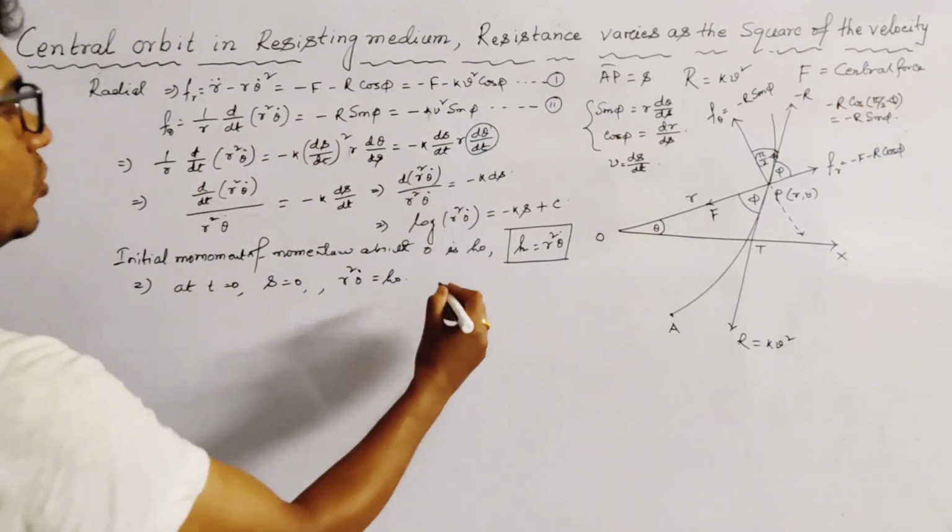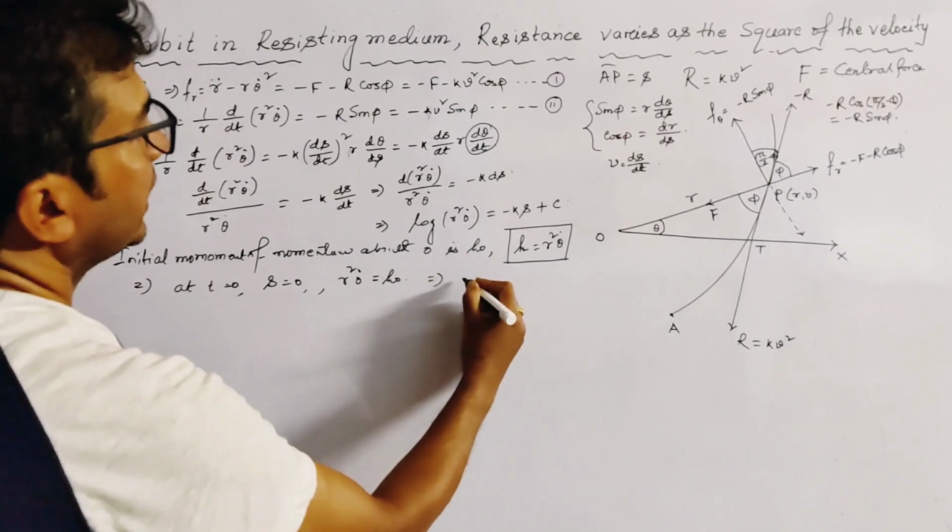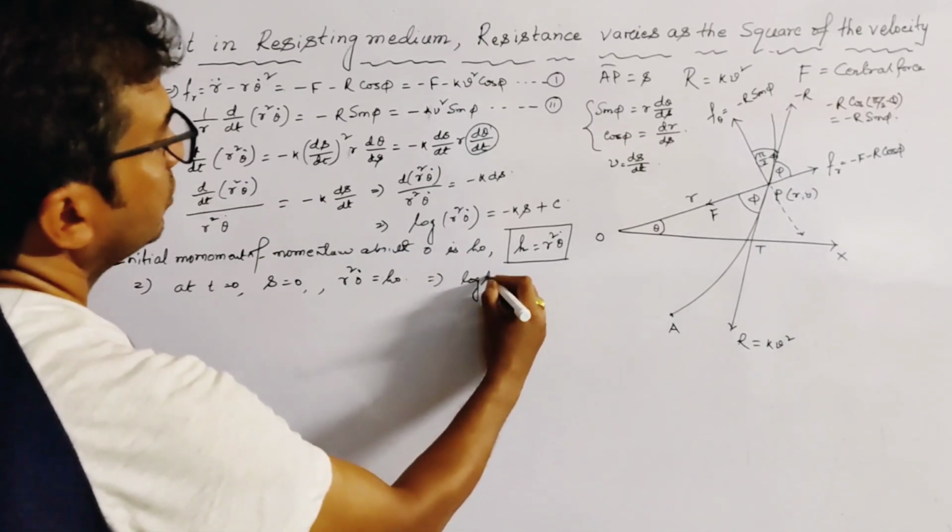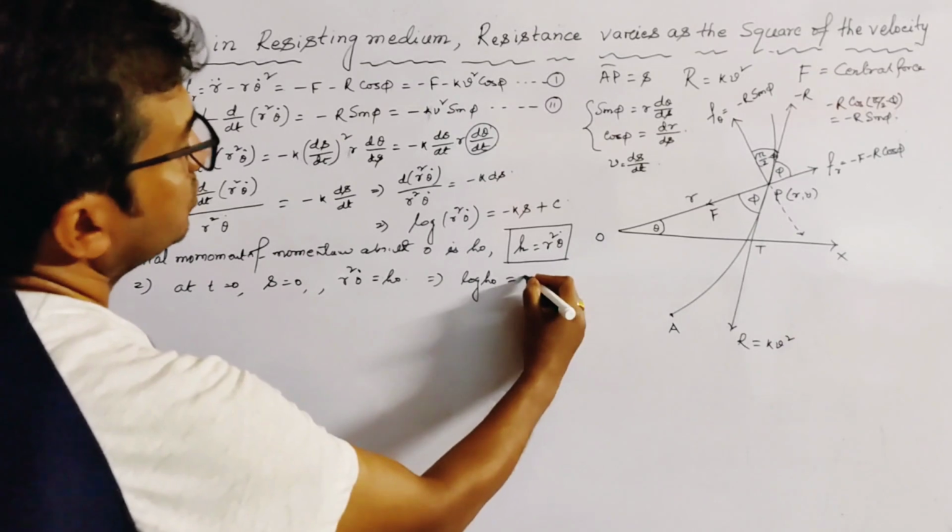Okay, so we get the condition log h0 equal to c.